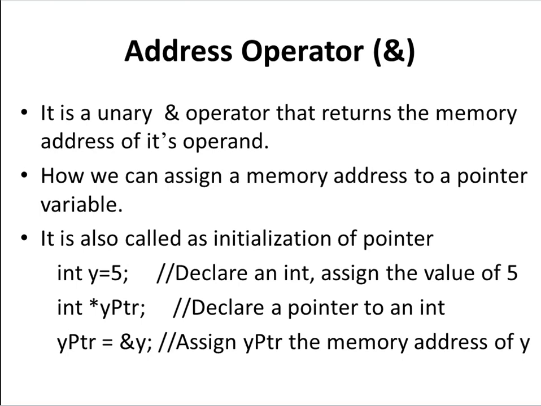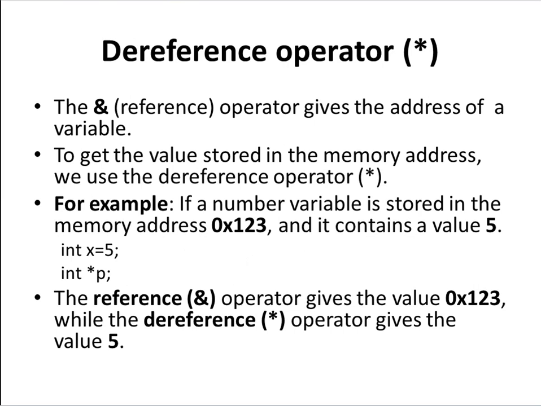Just remember this concept here. We will see in the next few slides in detail how we are going to use the & and star operators. The reference operator is & as we know, but the dereference operator is called star. The & operator gives the address of the variable.